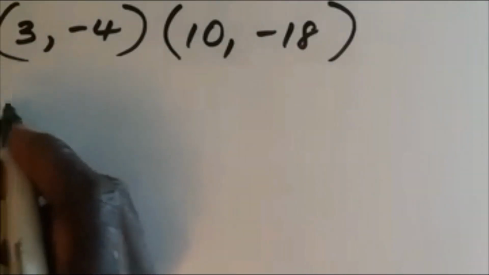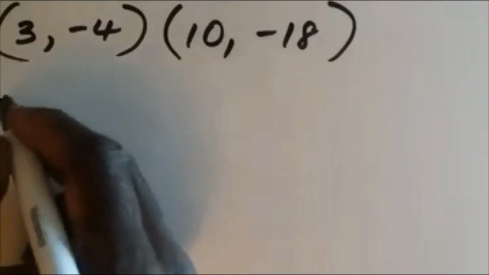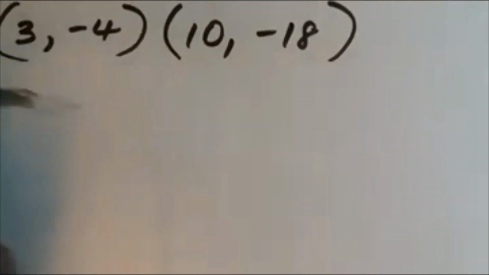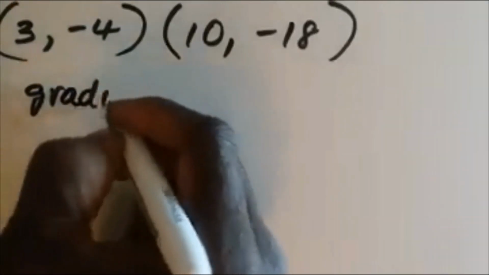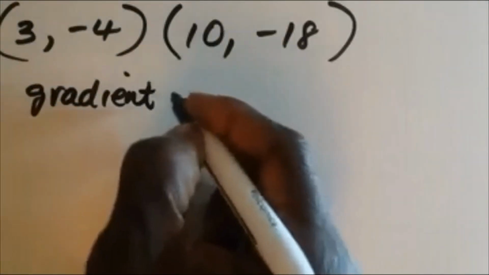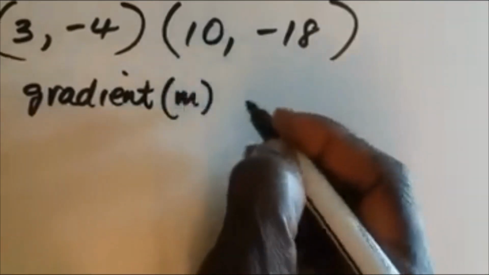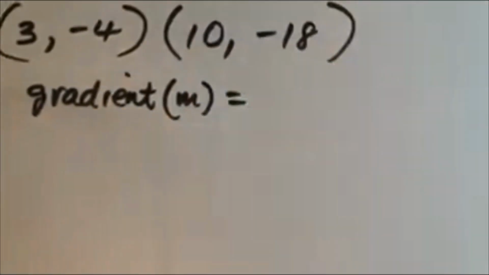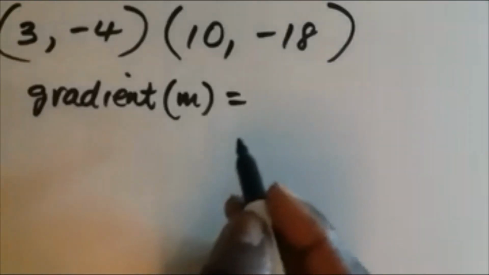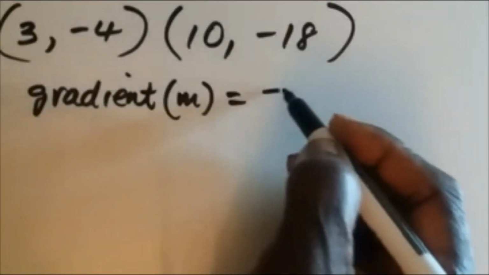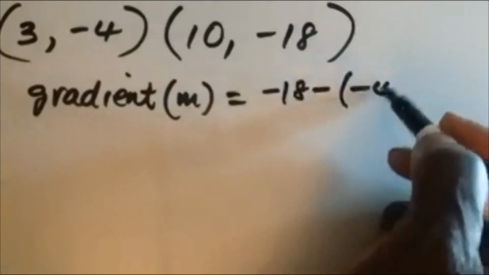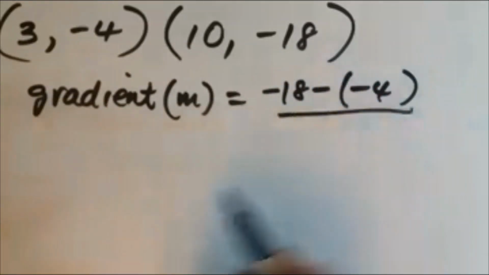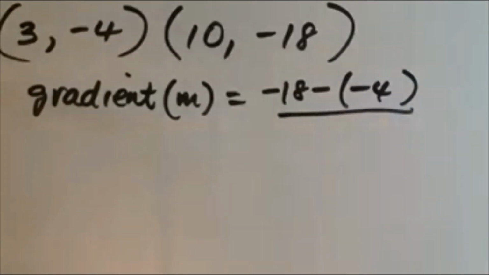So gradient m is equal to y2 minus y1, which is minus 18 minus 4, and that's divided by x2 minus x1.